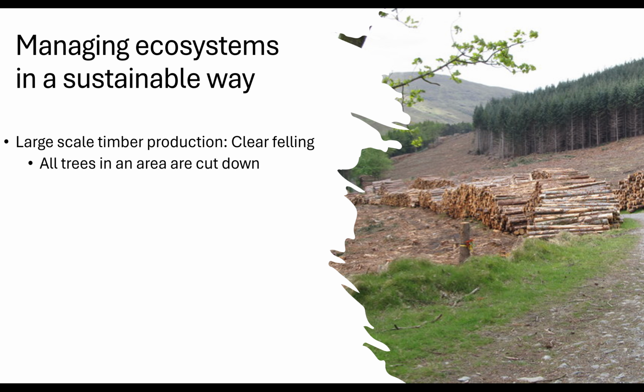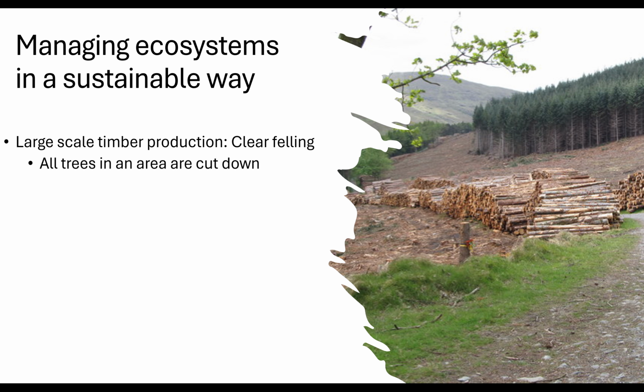So if you live, for example, in the UK and you live near where I am, I'm in Cambridge, I will potentially drive to Thetford Forest, and on the way to Thetford Forest I can always see areas where clear felling has occurred. You can see the trees have been cut down, you can see them sitting waiting to be transported to then be turned into whatever products they're going to become.